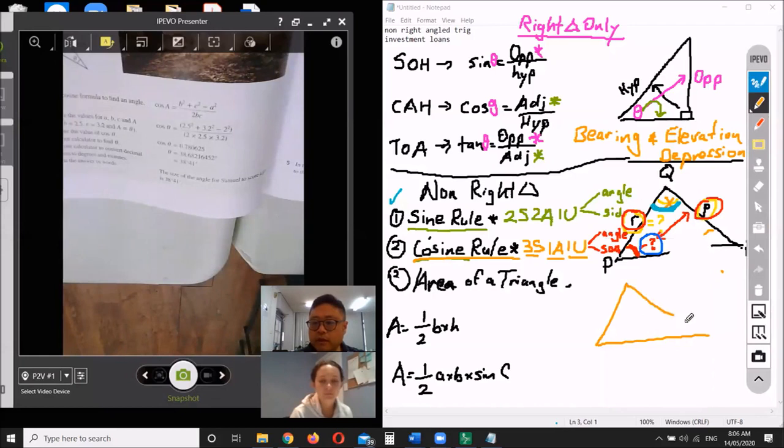So if you've got a triangle like this and you've got A, B, and C, and you've got this angle here, that's big C. So it's half AB sine of the included angle. So if we've got this side that we know and this side that we know, which angle is the included angle?